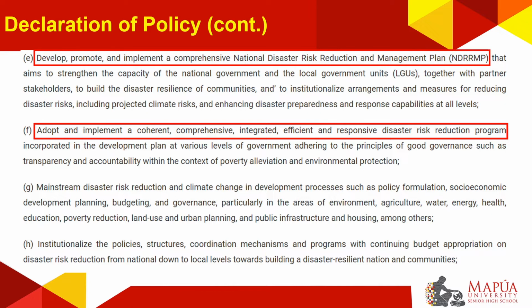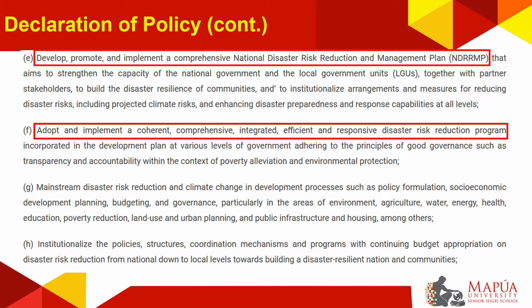Now, this plan must also involve various levels of the government, but also adhere to the principles of good governance, such as transparency and accountability, within the context of poverty alleviation and environmental protection.